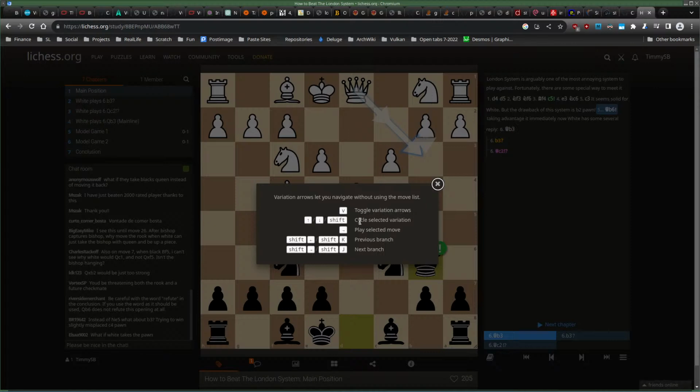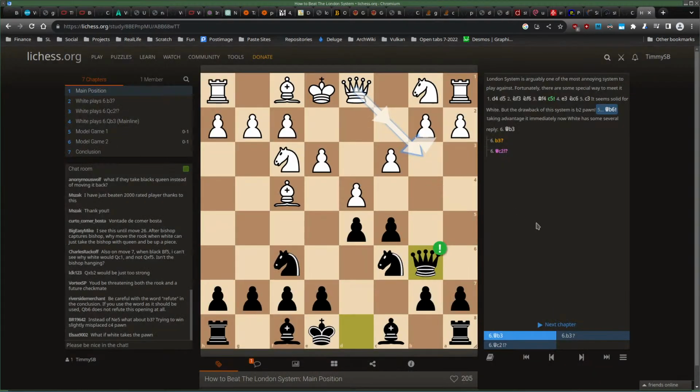Selected variation. Play selected move. And then I have to do shift to switch branches. Can't remember that. What is this? Guess I'll just use the mouse.